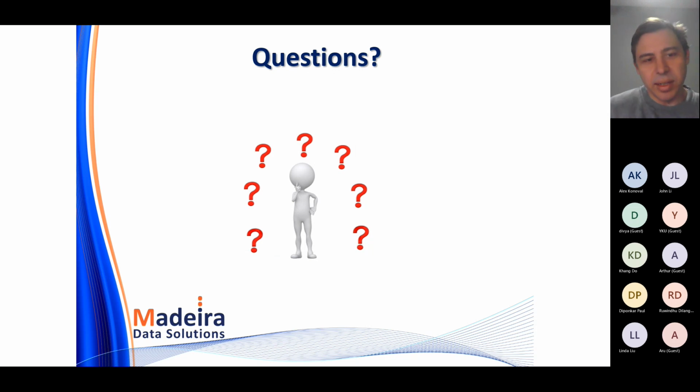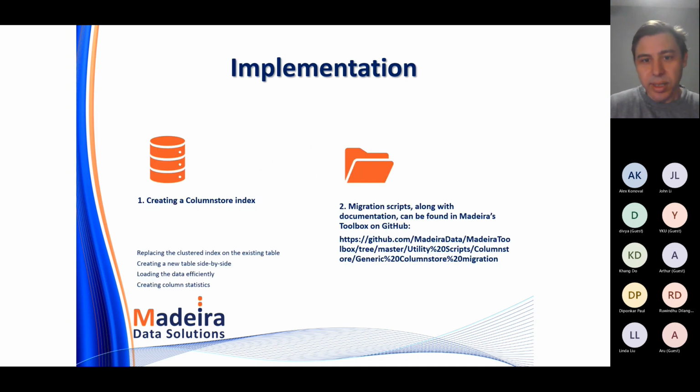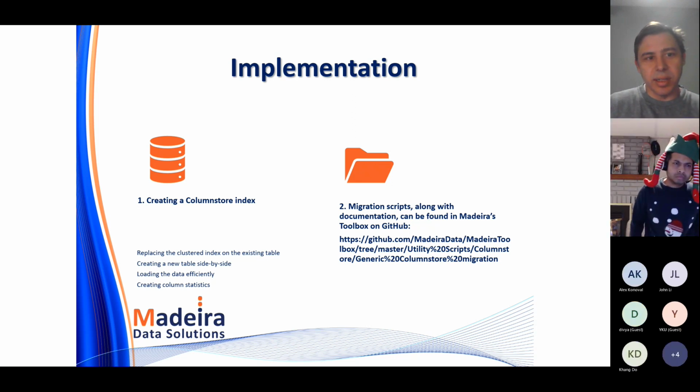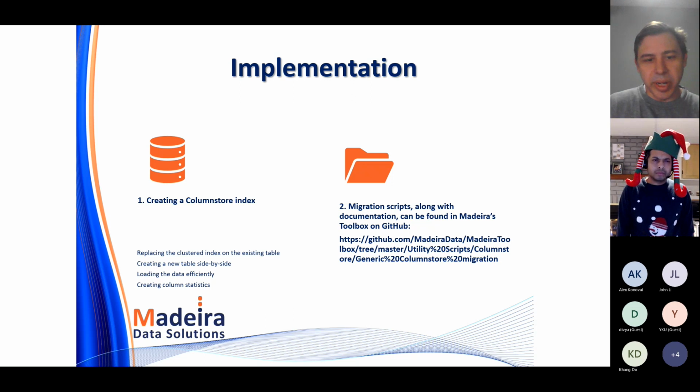I'm thinking maybe I will do a follow-up session on this that will concentrate on how you implement your Columnstore table once you decided to go ahead with it. And right now you have this set of scripts in our GitHub, and you have documentation there. The documentation is very detailed, and the scripts, I think, are pretty straightforward to use.